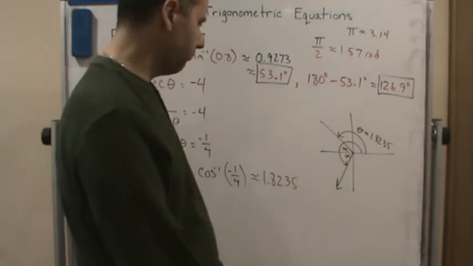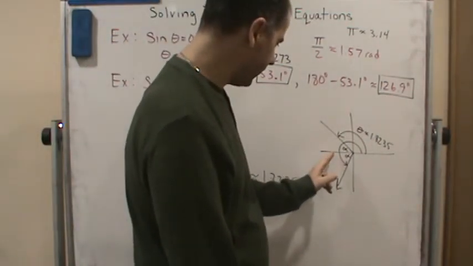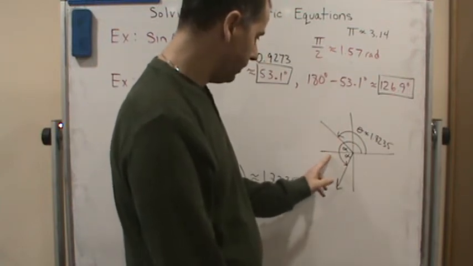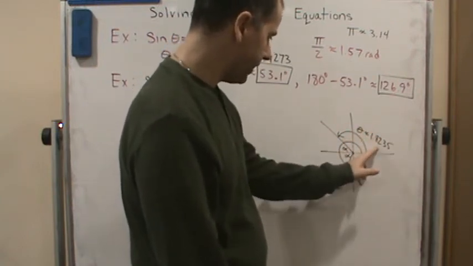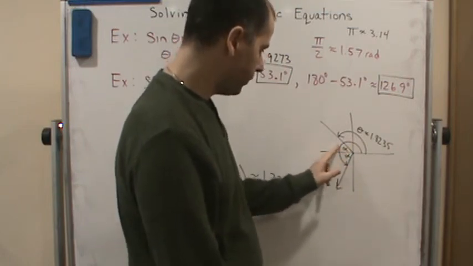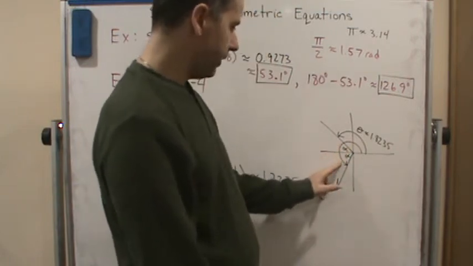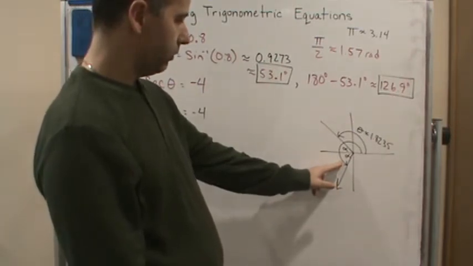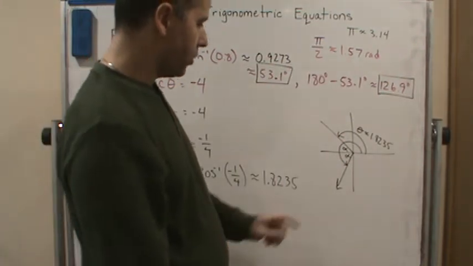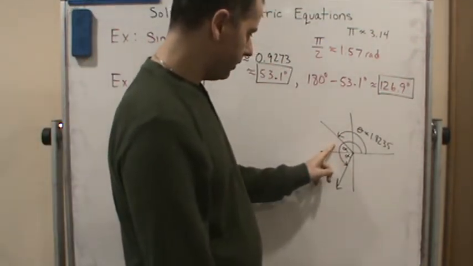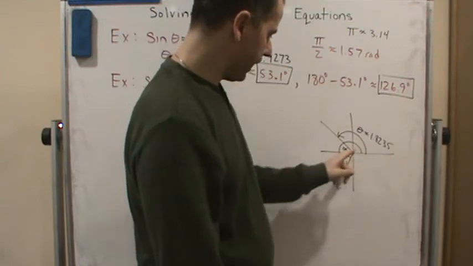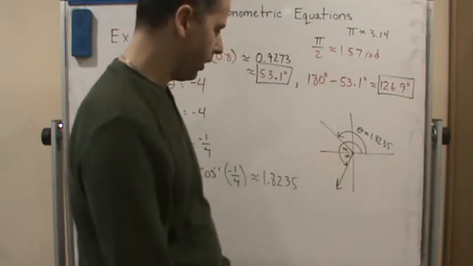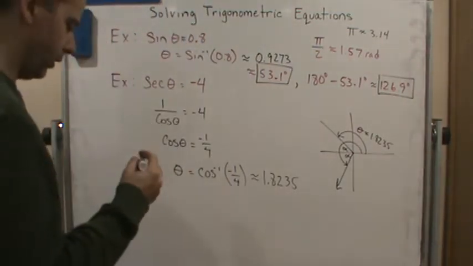Well, what we can do is we take 180 degrees, or pi, and we subtract off this to get alpha. And then all we have to do is add alpha again. Right? So we can figure out what alpha is, and then all we have to do is add twice alpha to this to get all the way around to where our other angle is. So let's do that. Okay?